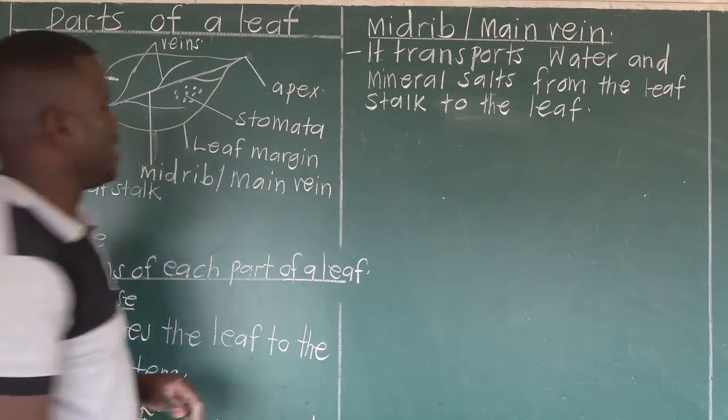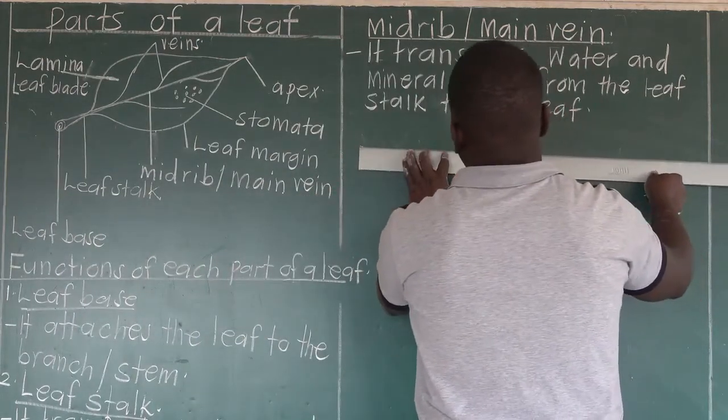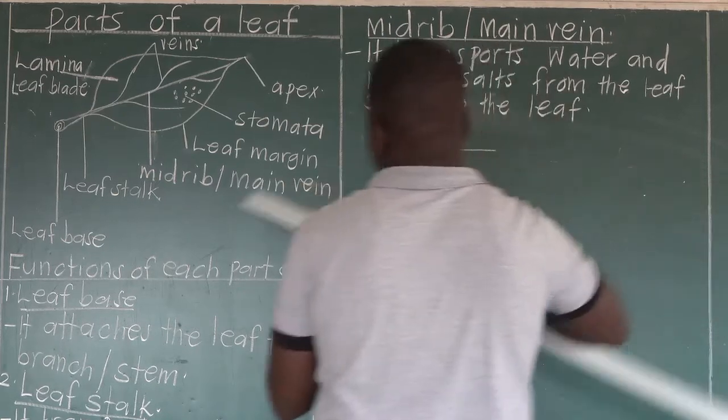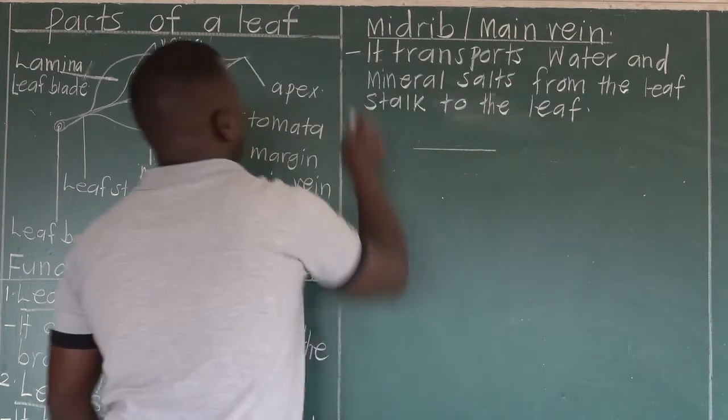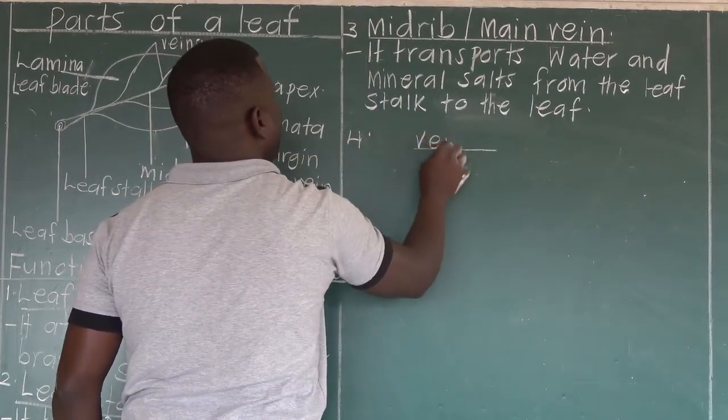Then next we look at veins. This is number 3. Number 4, we look at veins.